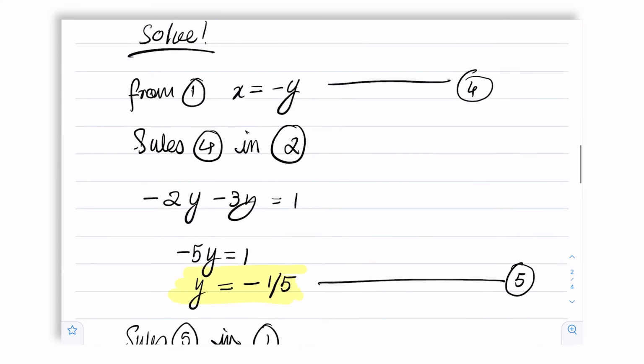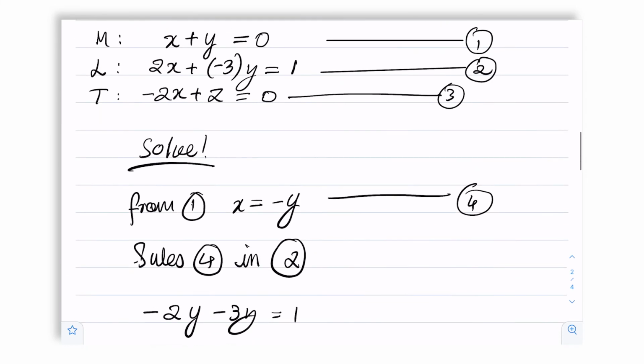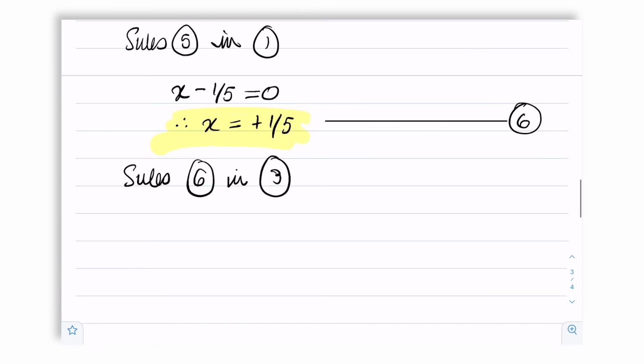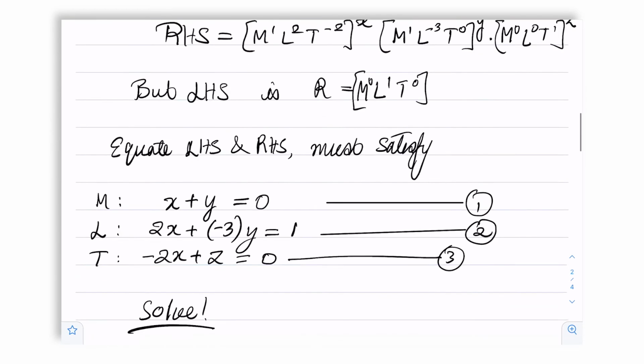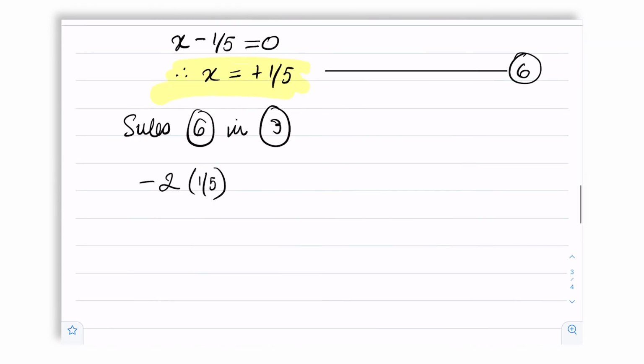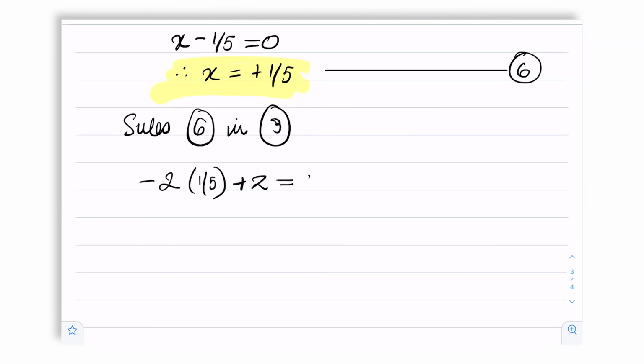We get minus 2x plus z is equal to 0. That is minus 2 by 5 plus z is equal to 0. Therefore, z is equal to plus 2 by 5.